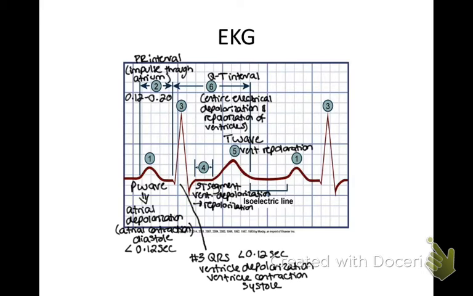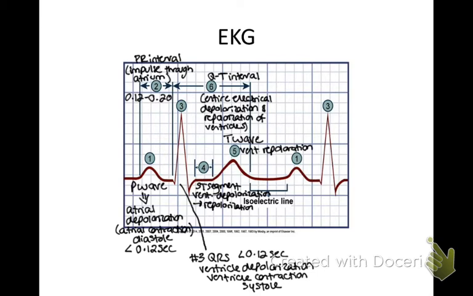Because what's the only impulse in the atrium? The SA node, right? What's in the ventricle? You've got the AV node that's letting everything in. You've got the bundle of His, the bundle branches, the Purkinje fibers. There's a lot more electrical activity happening because there's a lot more in there. So that's why the segment is bigger. There's more going on.